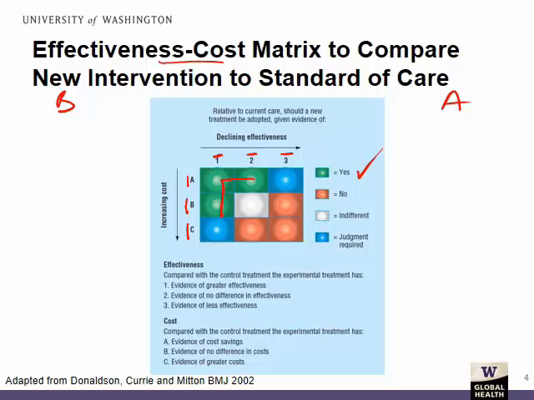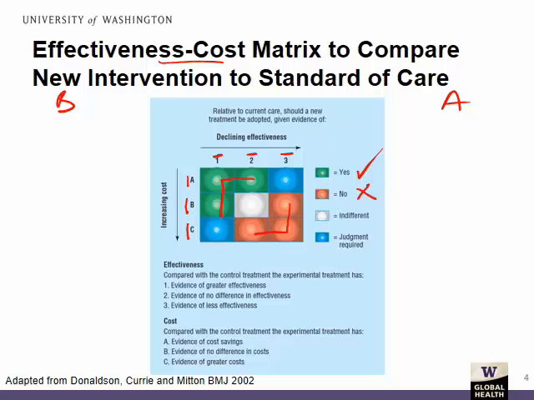And then you have the bad area where you shouldn't adopt the new intervention, and that is when you have reduced effectiveness and the same cost, reduced effectiveness and increasing cost, and no evidence of increasing effectiveness. So the effectiveness is the same, but you have increasing cost.